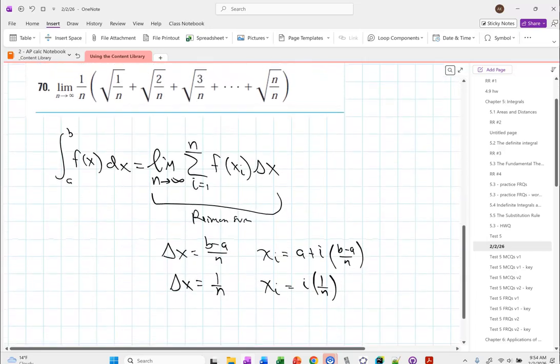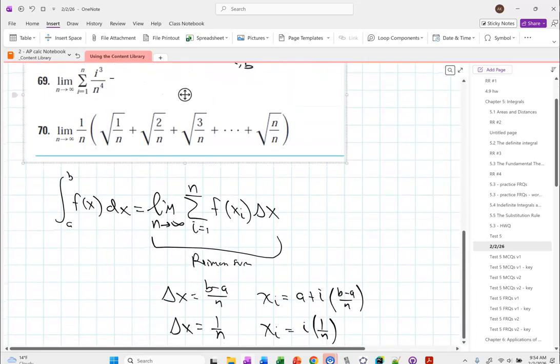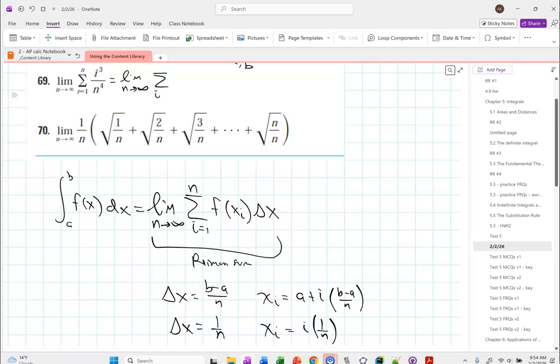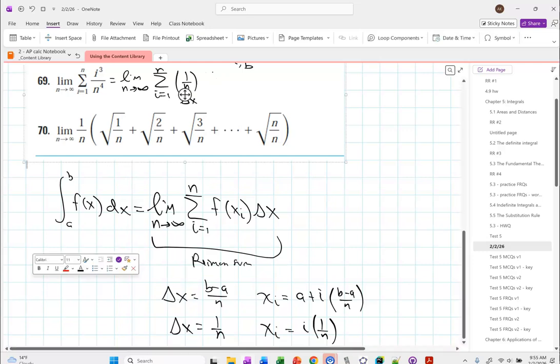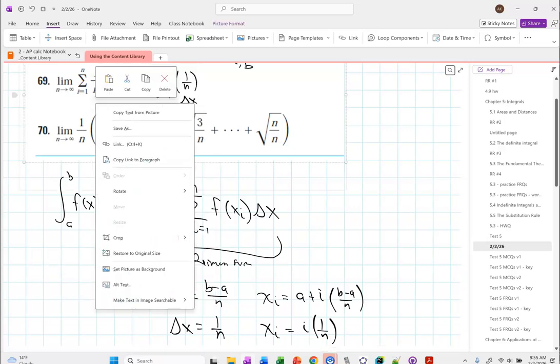So if I take a look at this, I have a 1 over n that I'm going to take out of there. That's my delta x. I have an i over n, which I'm going to take out of there. Okay with that? So when I do that, then what do I have left?